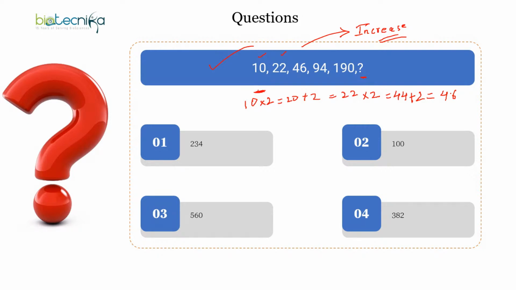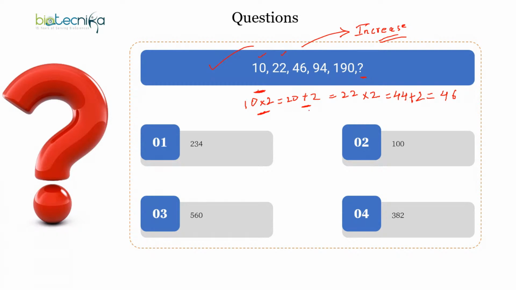Correct, the gap is getting doubled. So here we can see multiplication is also going on, addition is also going on, right? So this is a kind of arithmetic series where multiplication and addition both are going on.